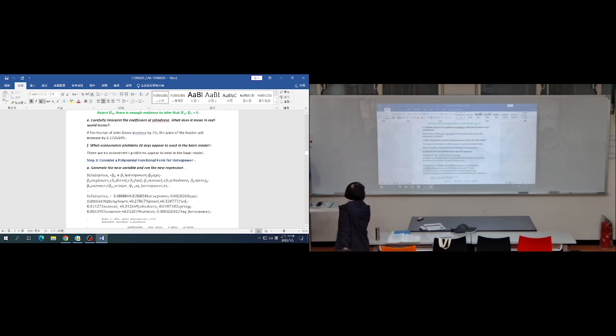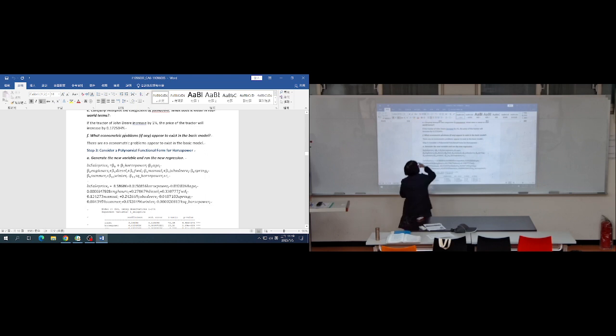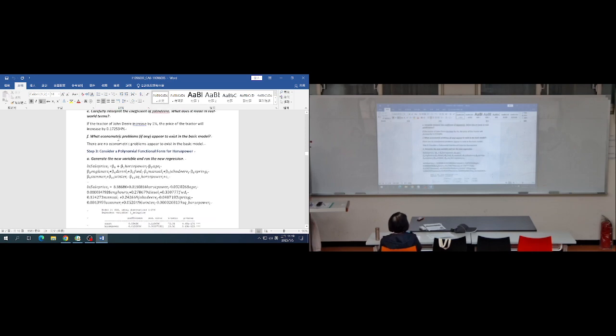We just see this one, right? If the tractor of John Deere increases by 1%, the price of the tractor increased by... Okay, explain this one. Explain E parts.